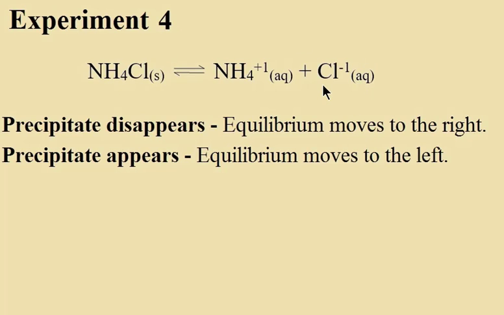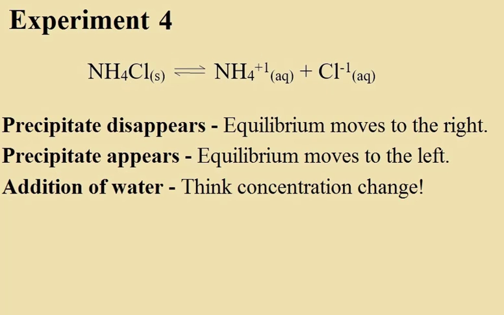Equilibrium is moving to the right. If the precipitate reappears, it's being produced in the back reaction as equilibrium moves to the left. Remember, if you add water to the reaction, think about how it's going to affect the concentration of those ions in solution.